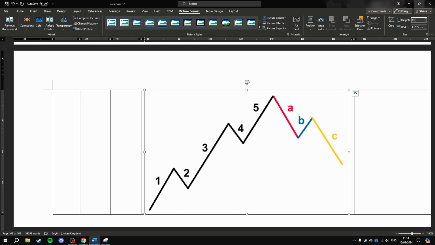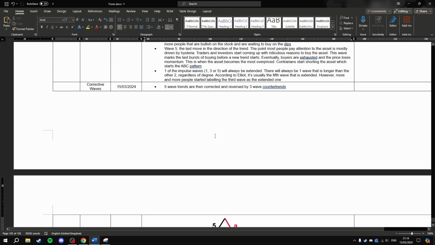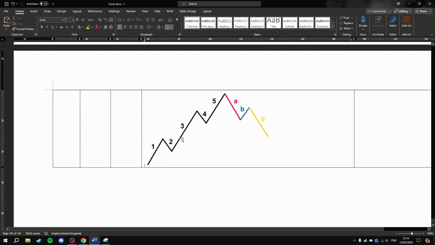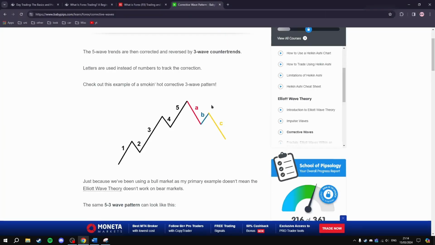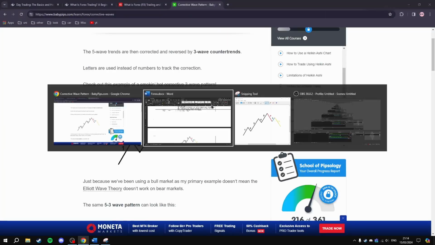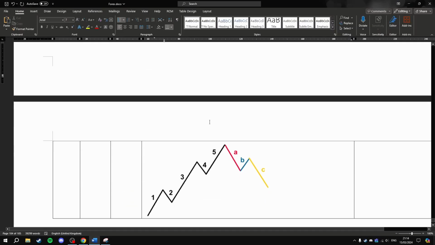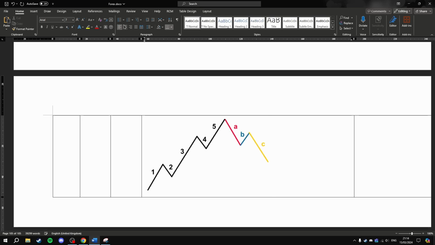So that's the corrective 3-wave pattern for a bull market. Looks like that.